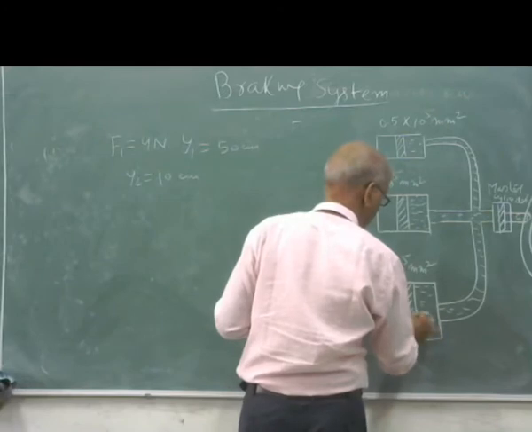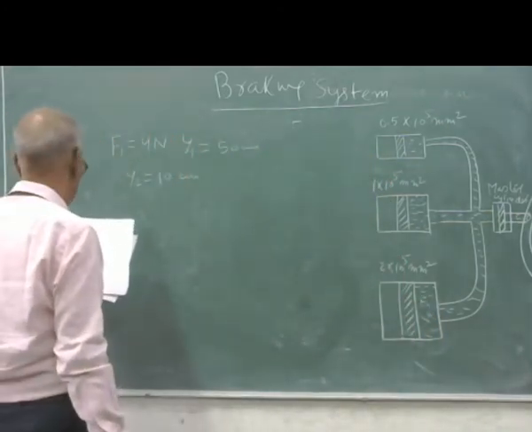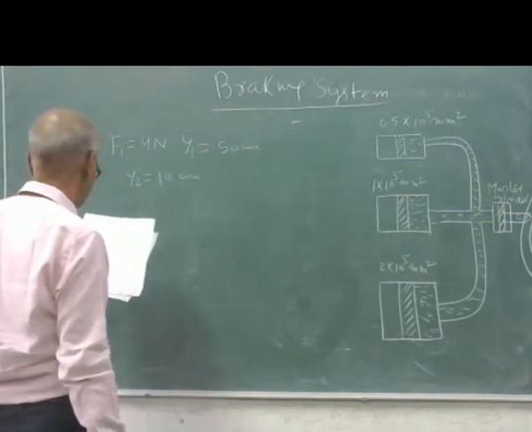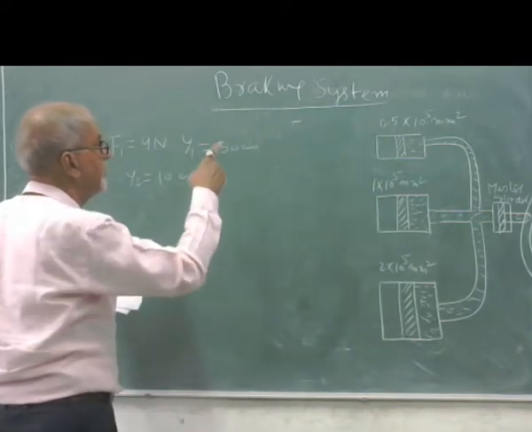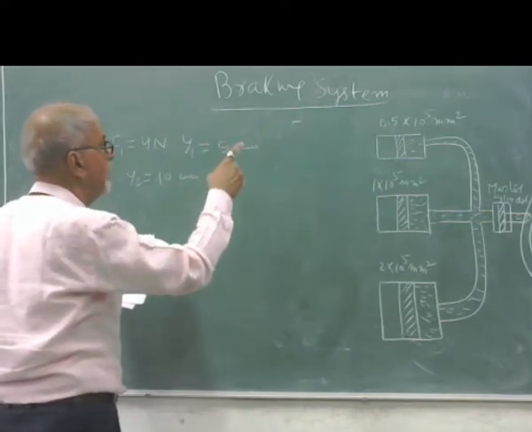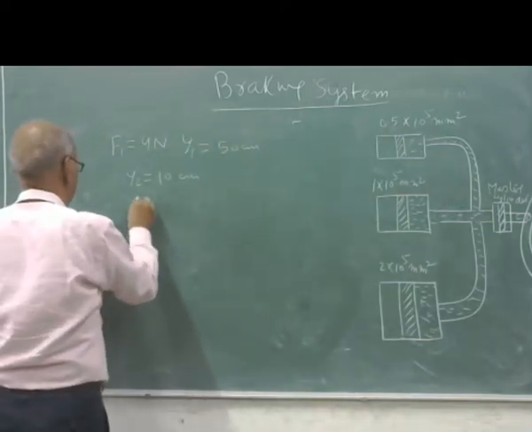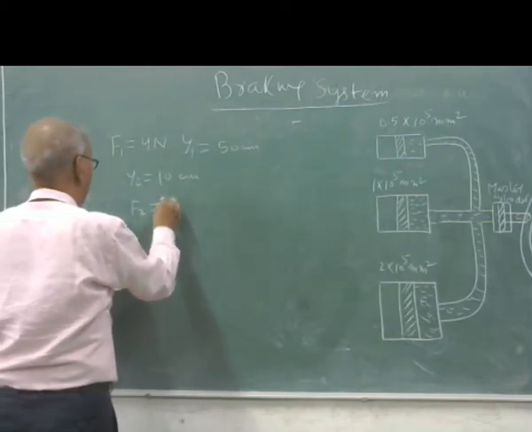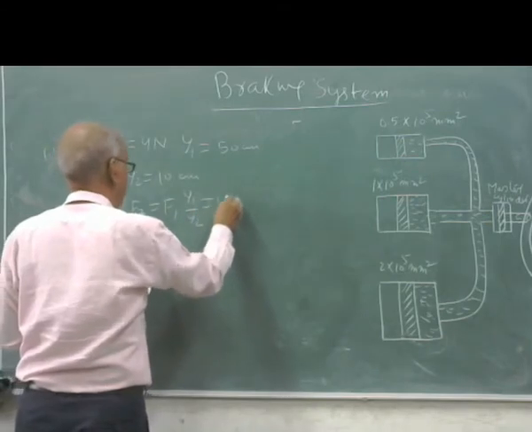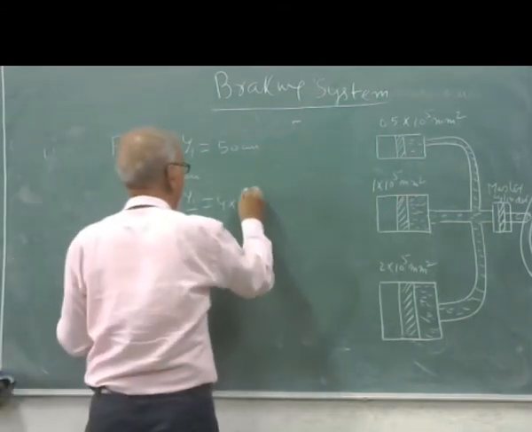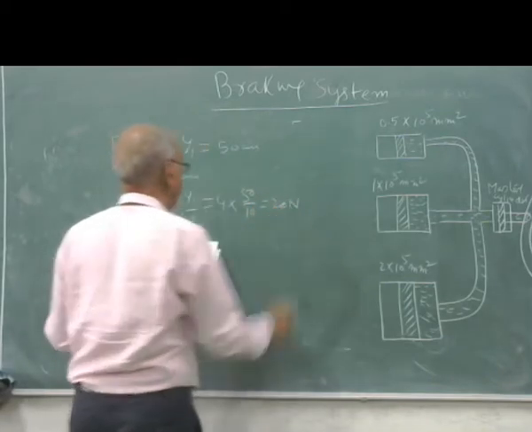So now applying the Pascal law, that is force on first one, F1, that is your 4 Newton. Area is given 0.5 into 10 to the power 5 millimeter square. Then F2 is equal to F1 Y1 upon Y2, that is 4 into 50 upon 10, and that comes out to be 20 Newton.